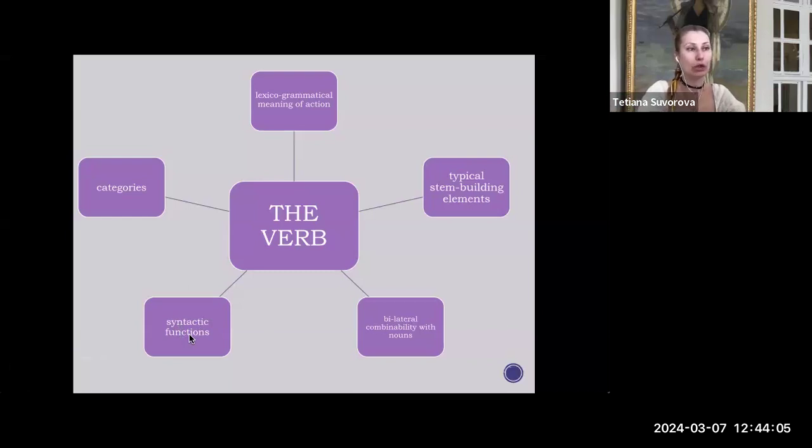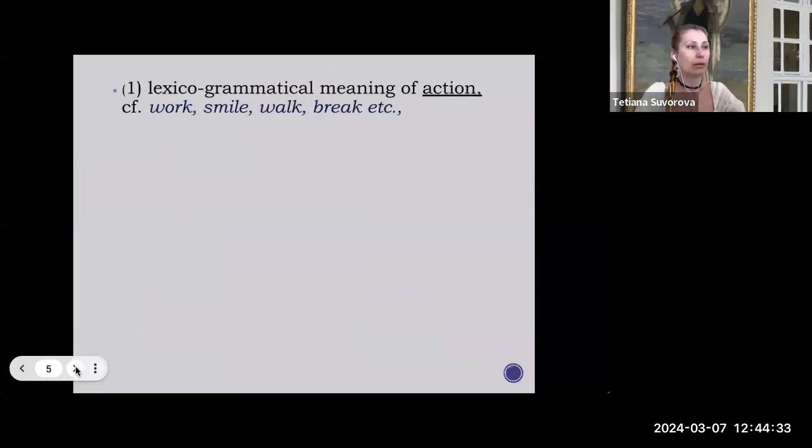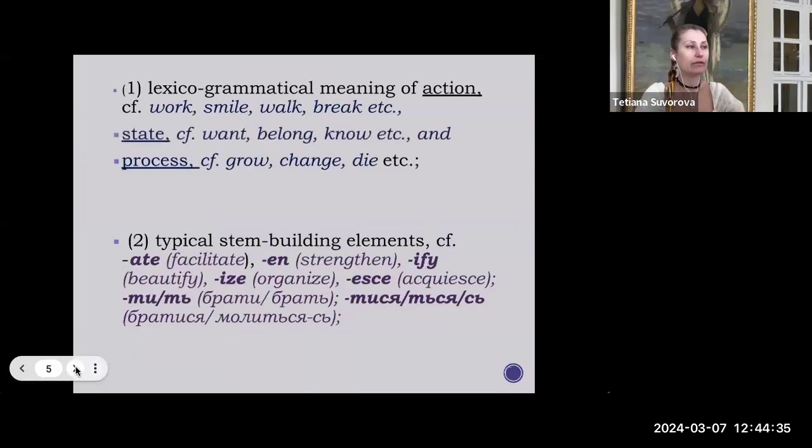Today we are going to describe the verb according to these parameters in both languages and find out, not just to compare, but to find similarities and differences so you could use this information in your future practice as interpreters, translators, and so on.